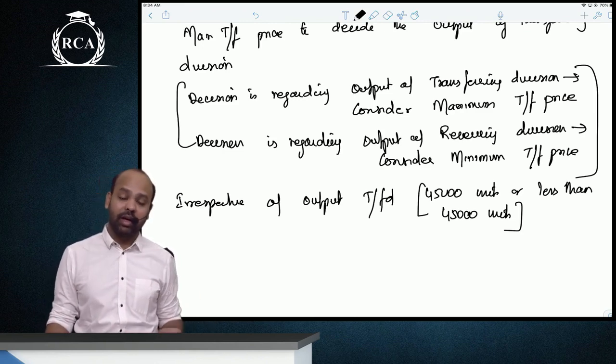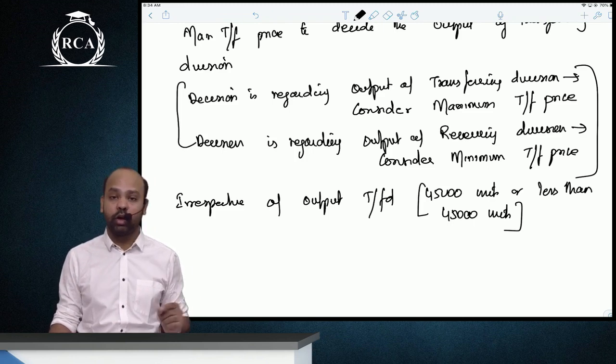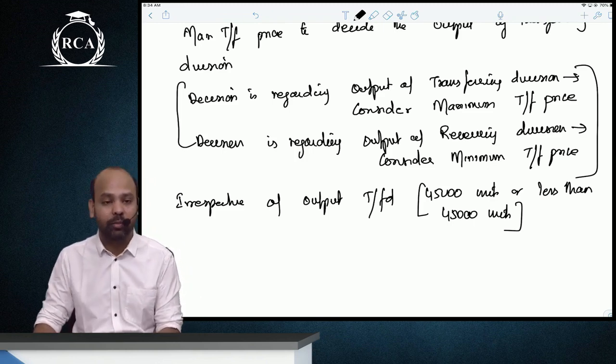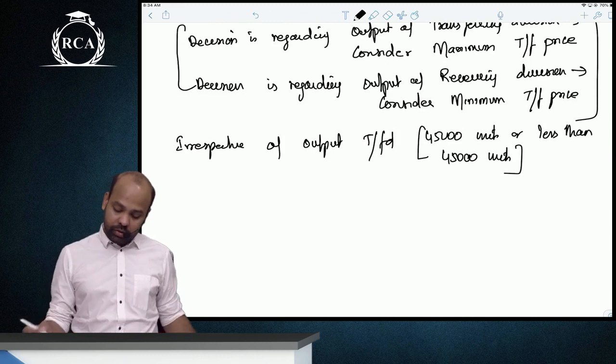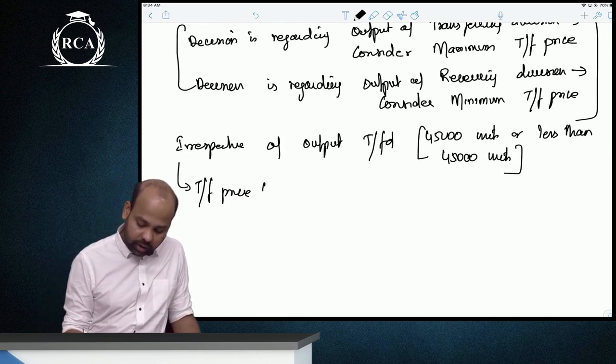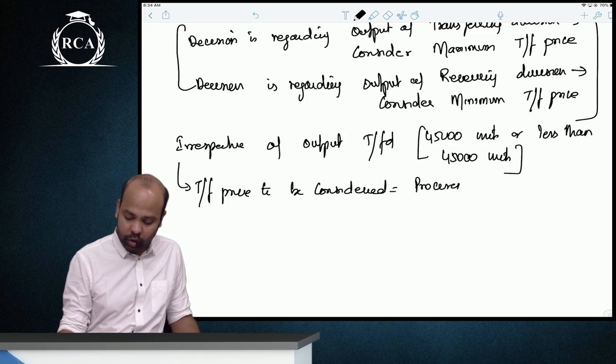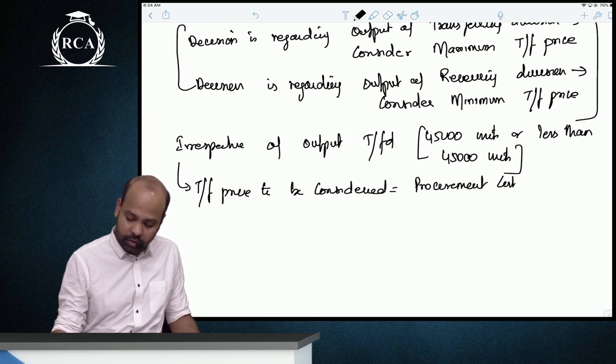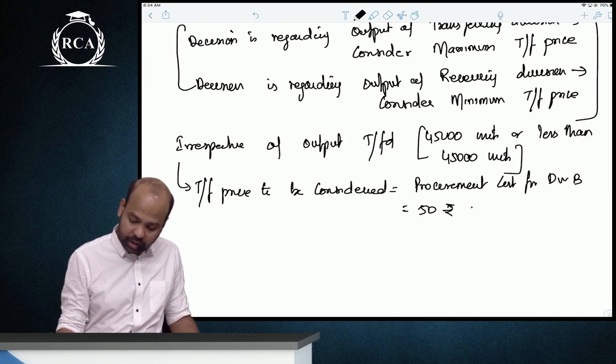Even earlier, in every question I have been giving you that this decision is from the viewpoint of the division. Had it been from the viewpoint of the company, what would have been the impact? So irrespective of output transferred, the transfer price to be considered will be the procurement cost for division B, that is 50 rupees in the year 2010.